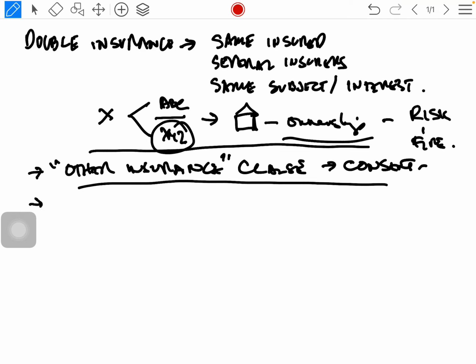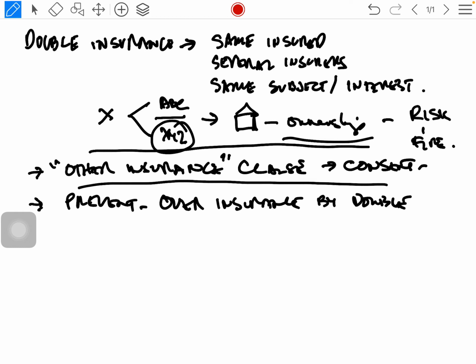Furthermore, the reason why we have rules on double insurance is because we would like to prevent overinsurance by double insurance.